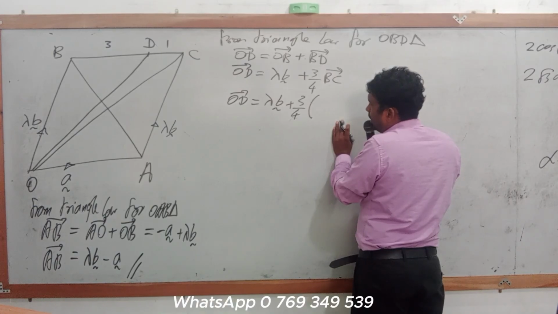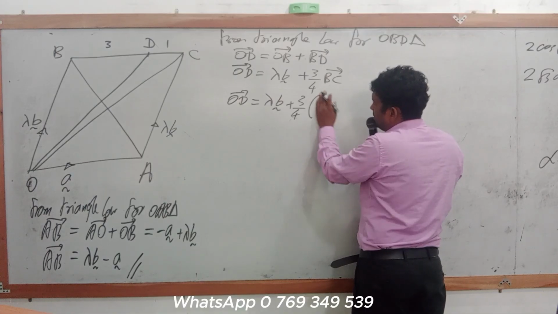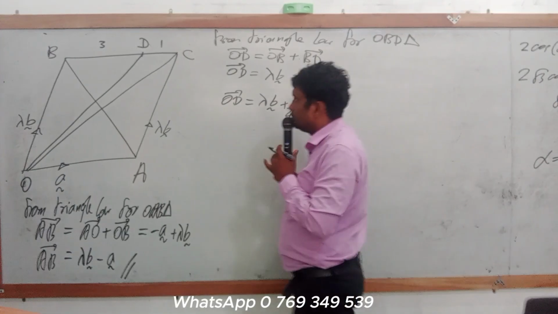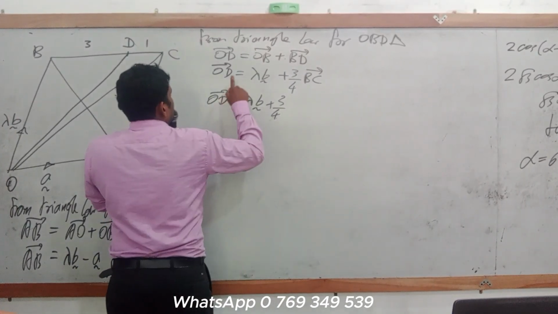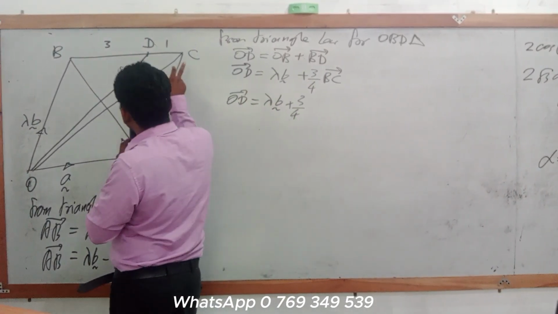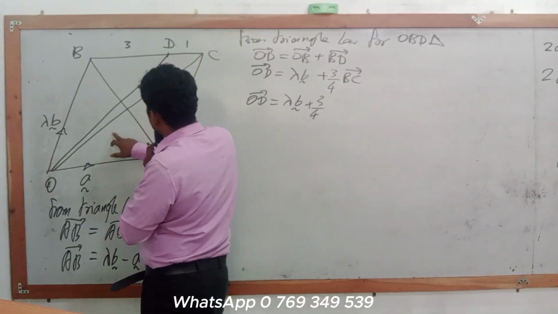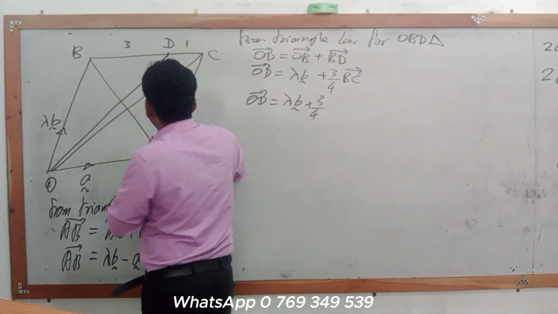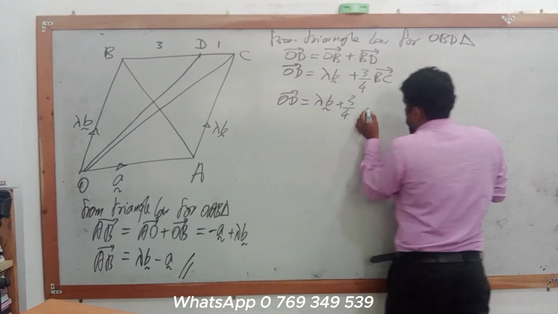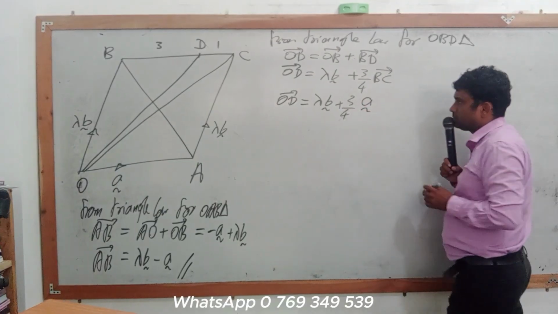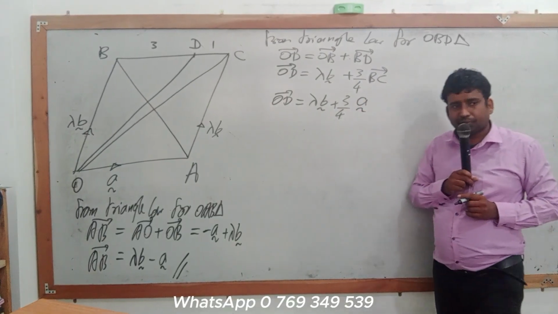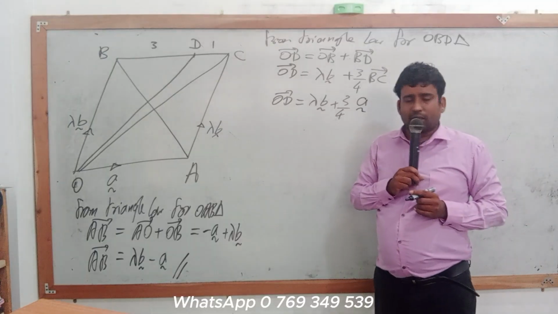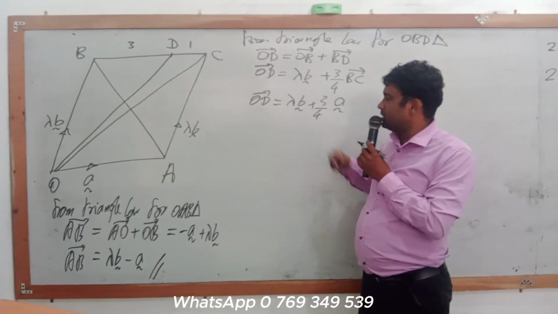BC is very easy, no? OB plus BC. We know that this is the A and here also A. BC also A. Right. Now OD is this one.